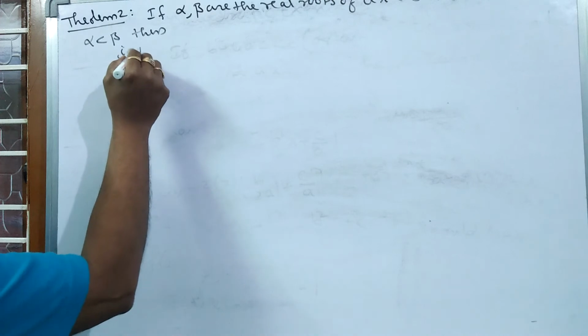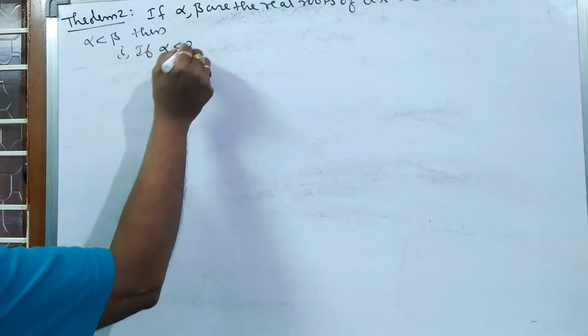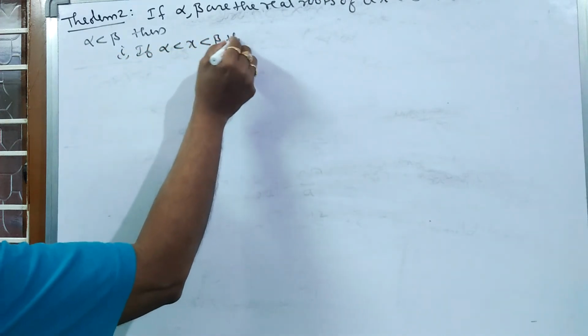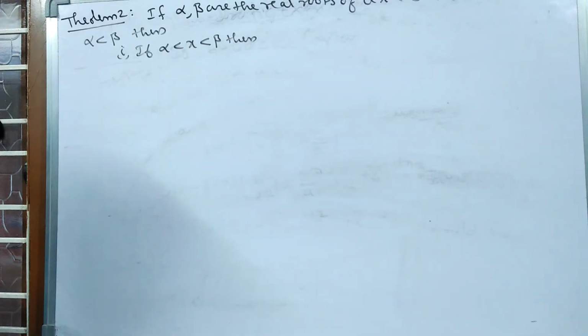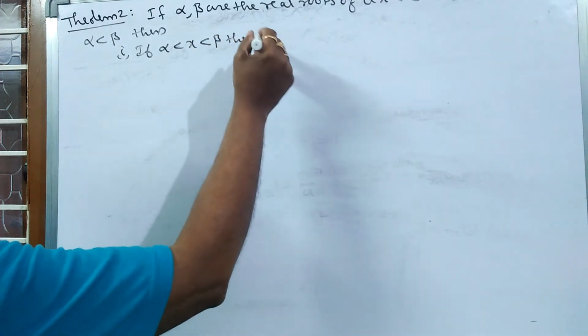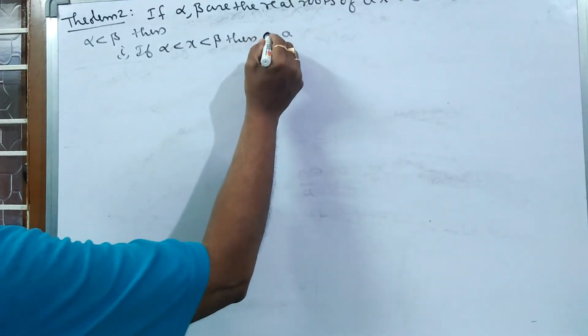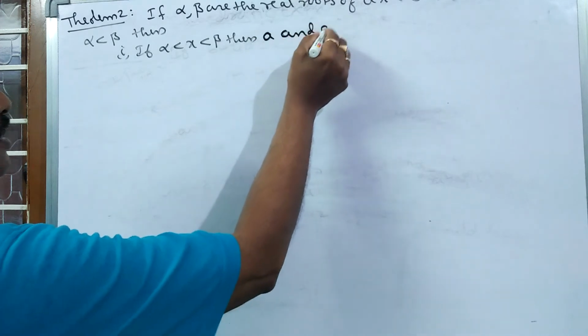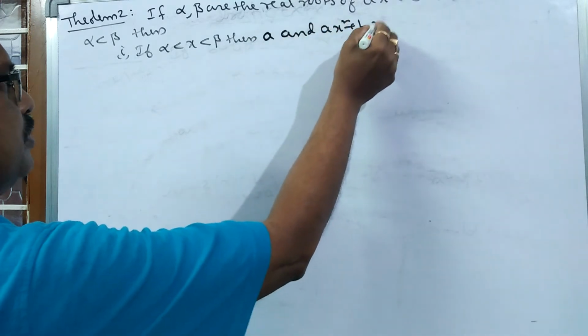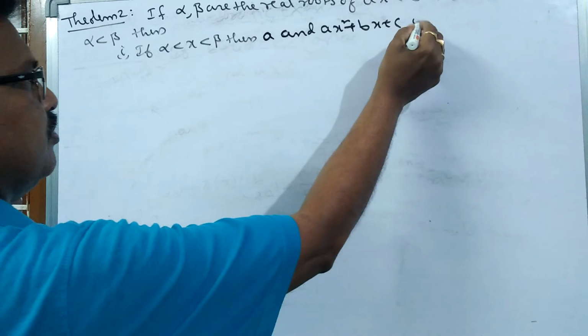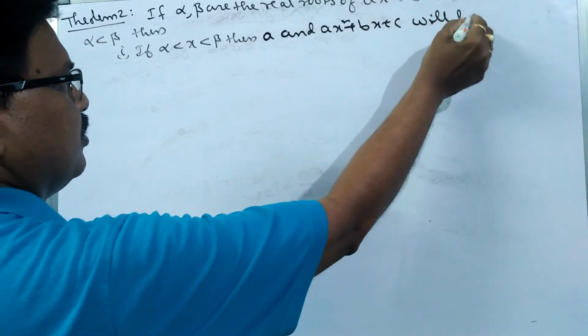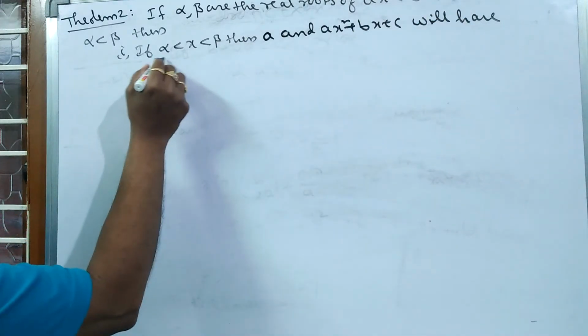First case: if alpha less than x less than beta, that means if the x value lies between alpha and beta, then a and ax square plus bx plus c will have opposite signs.